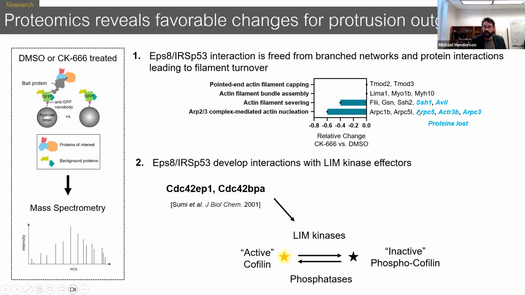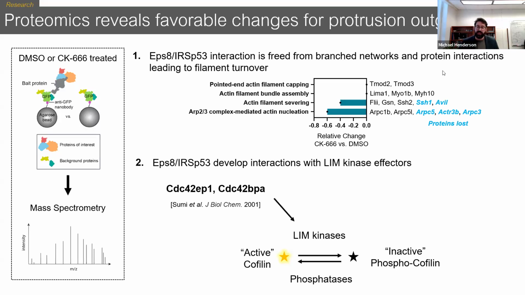We find direct interaction loss of EPS8 and IRSP53 with subunits of the ARP2/3 complex. So once you inhibit the complex, you lose some direct protein-protein interactions, potentially freeing the EPS8-IRSP53 interaction module from branched actin networks.